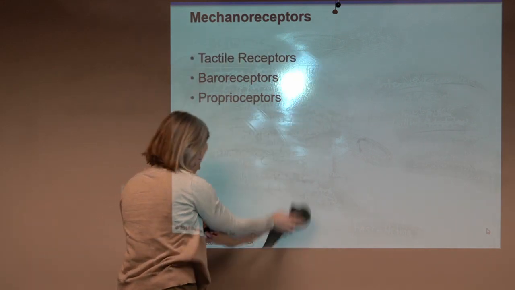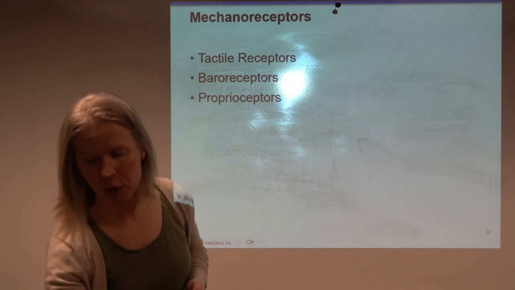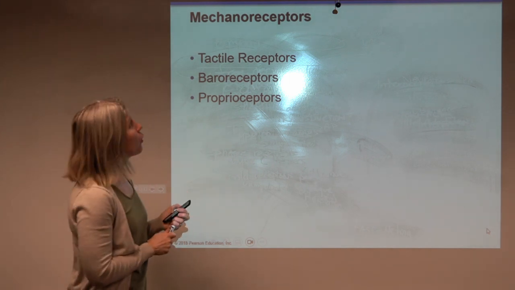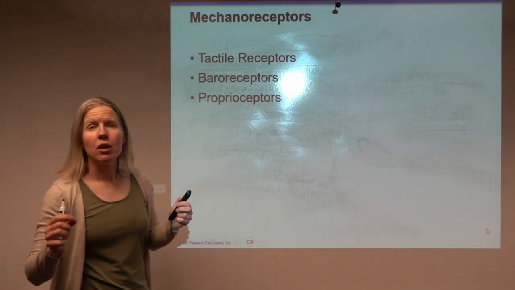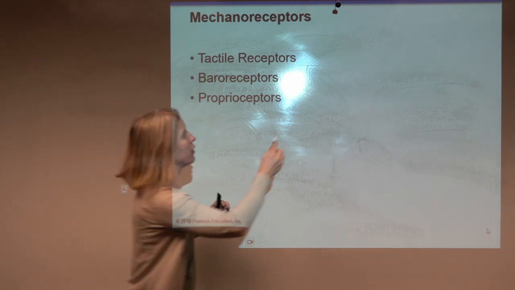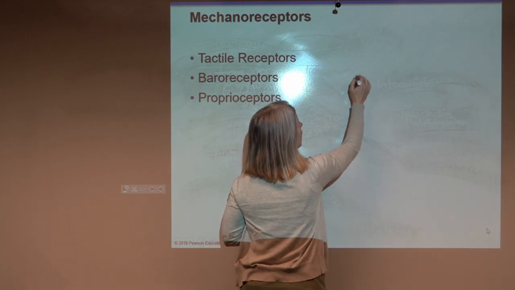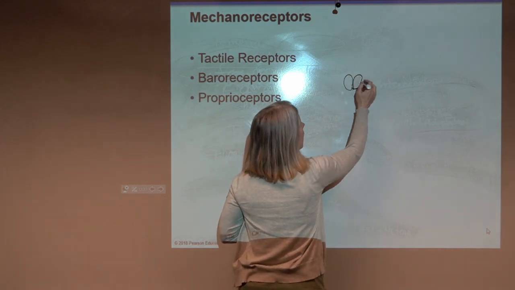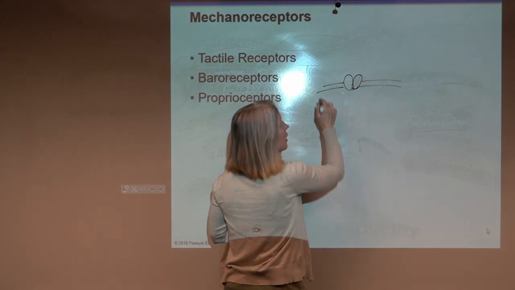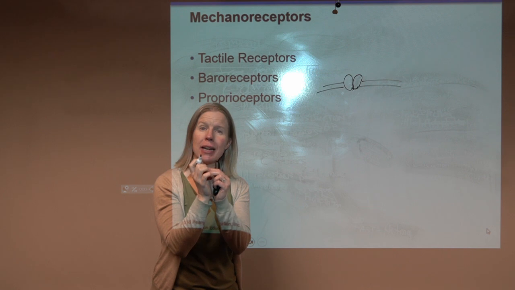Okay, more sensory receptors. We also have mechanoreceptors. These are the ones where we said the stimulus is actually going to distort the plasma membrane. Remember we had a mechanically gated channel embedded in the membrane.